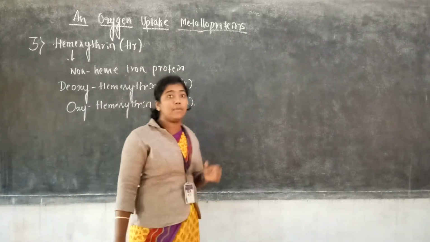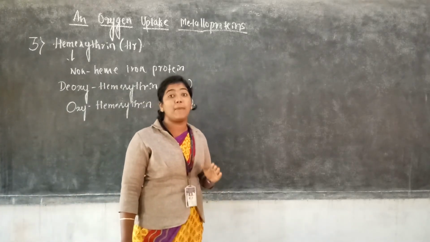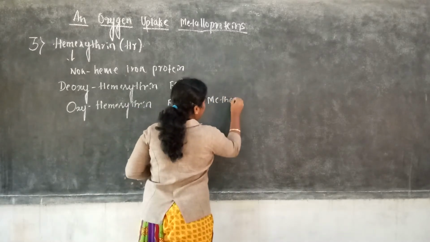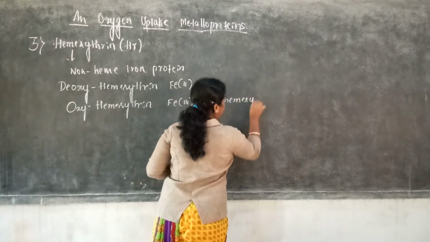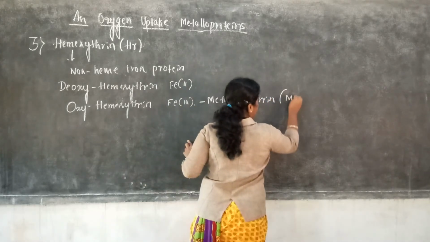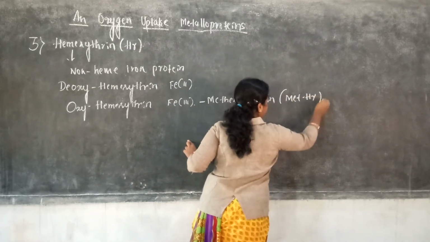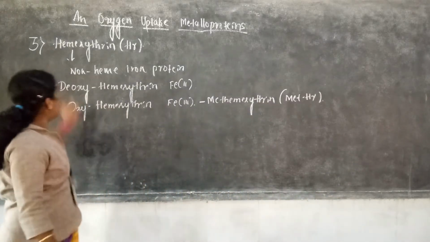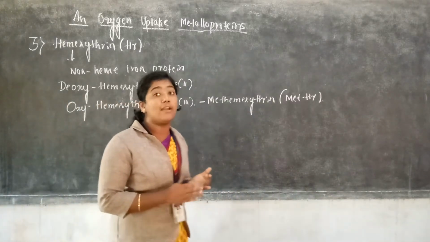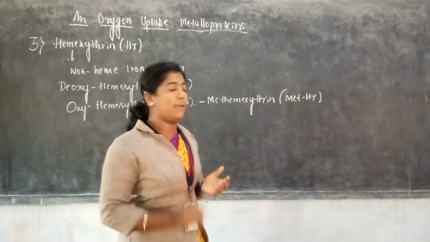This oxyhemerythrin is also known as methemerythrin, which is denoted as MetHR. Okay, hemerythrin is classified as monomeric hemerythrin and octameric hemerythrin.